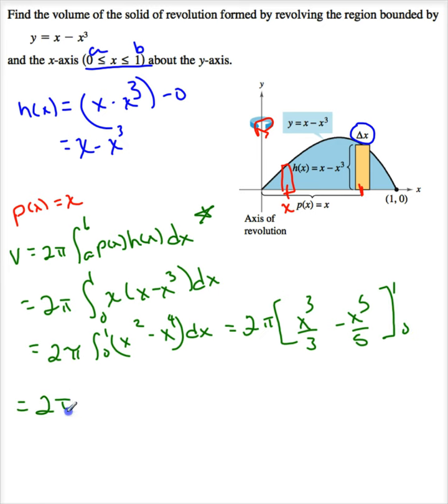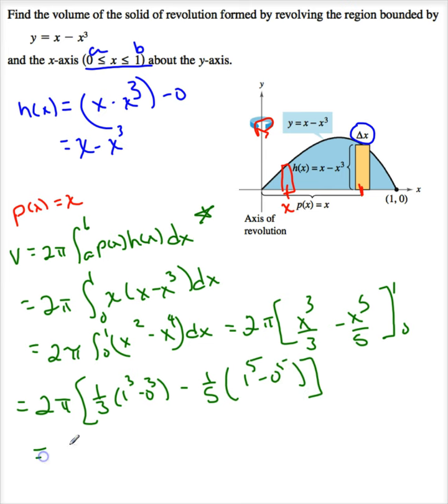So this is 2 pi times 1/3 times 1 cubed minus 0 cubed, minus 1/5 times 1 to the 5th minus 0 to the 5th. And when I solve this out, I wind up with 4 pi over 15.